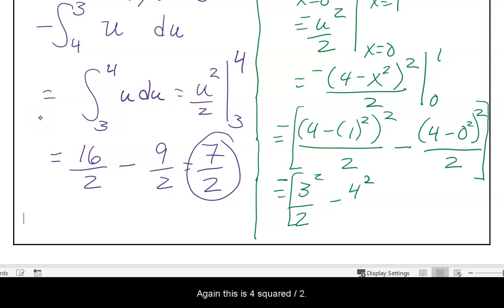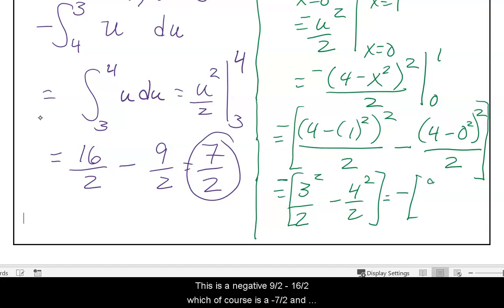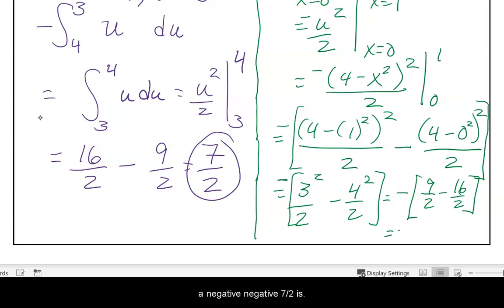Again, this is 4 squared over 2. This is a negative 9 halves minus 16 halves, which of course is a negative 7 halves. And a negative 7 halves is, you've got it, 7 halves, same answer I got the first time.